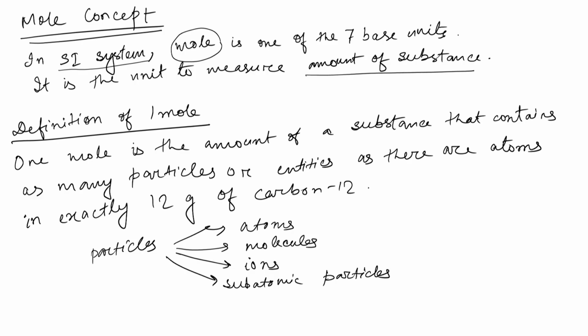The fact was that atoms and molecules are very small and minute particles. So, even if we take a very small amount of any substance, let's say a very small amount of carbon, then if we want to find out the number of atoms in it, the atoms are such small particles that even in a very small amount of a sample, there will be a very large number of atoms or a very large number of molecules.